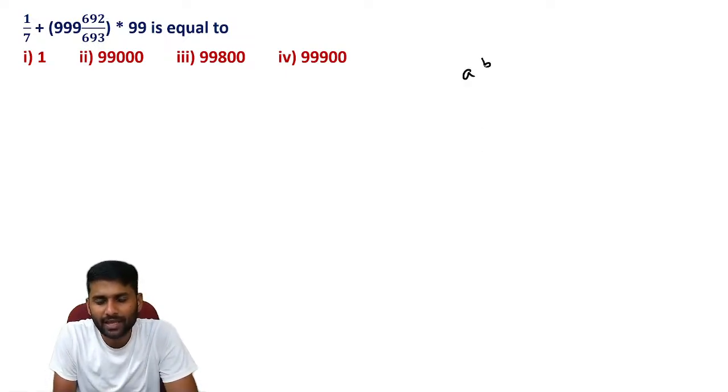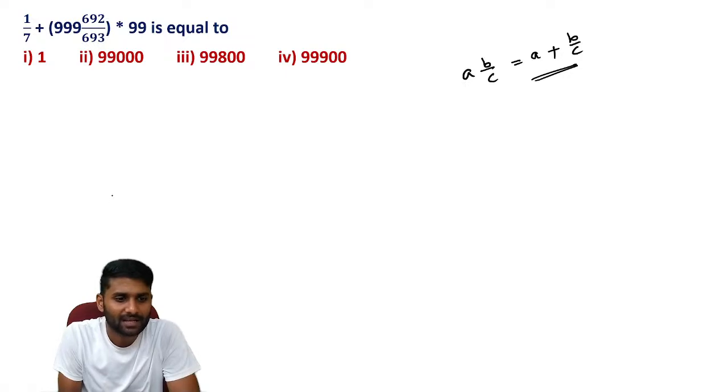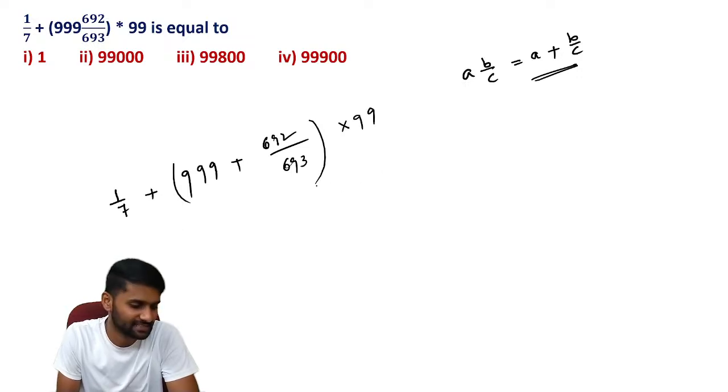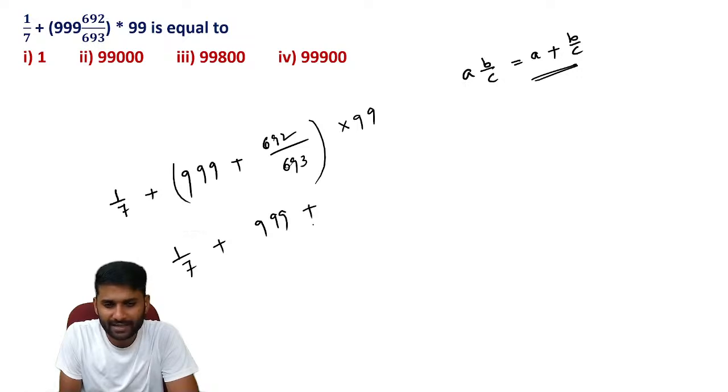Now you already know that A B by C can be represented as A plus B by C. Let's write this: 1 by 7 plus 999 plus 692 divided by 693, and these numbers should be multiplied with 99. Let's write the second step here. 692 by 693 is 1 minus 1 by 693, and again it should be multiplied with 99.